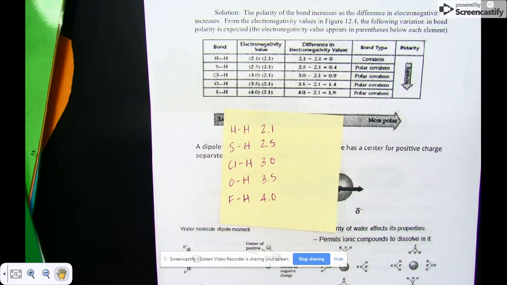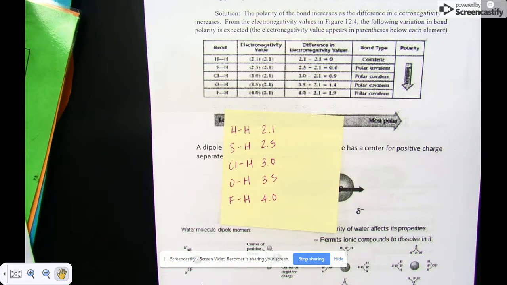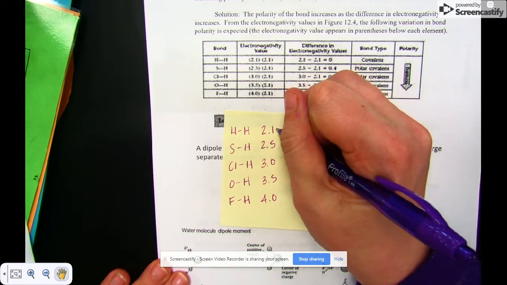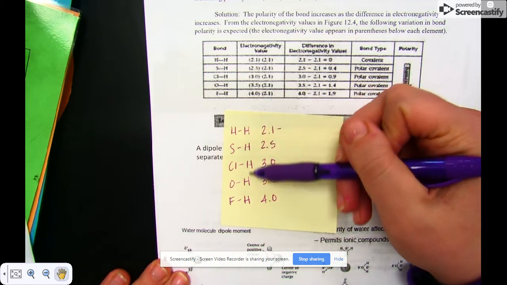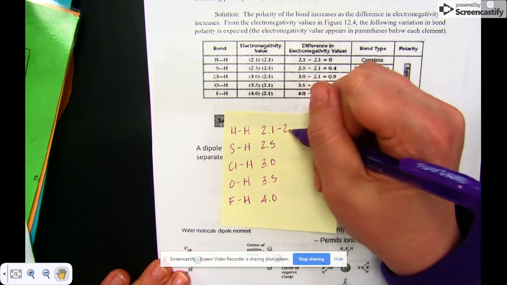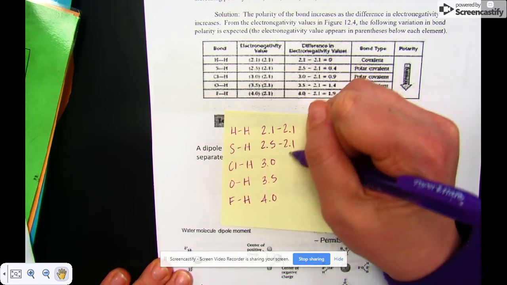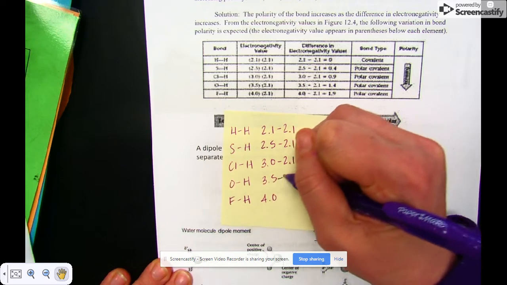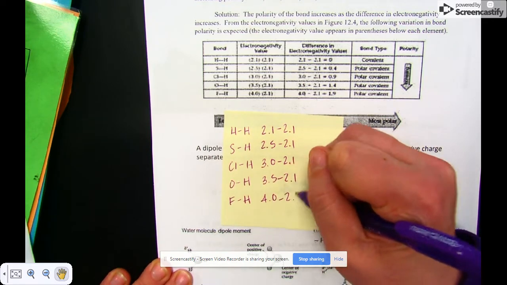We would have to give you those values, or we would give you something like this chart and have you guys look them up. So those are the first atoms' electronegativities. Then you subtract whatever the second piece is. These all happen to be hydrogen, which we know has an electronegativity of 2.1. So from all of these, I'm going to be subtracting 2.1.